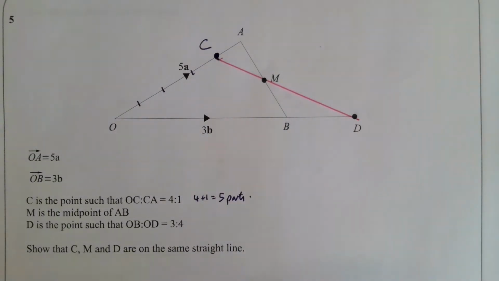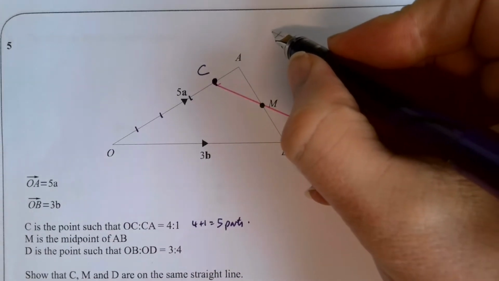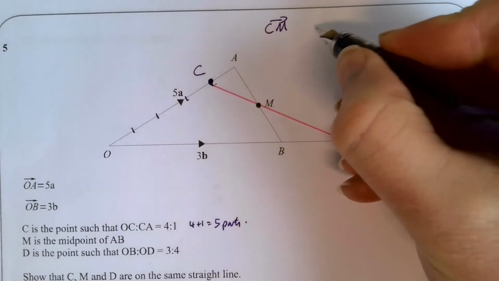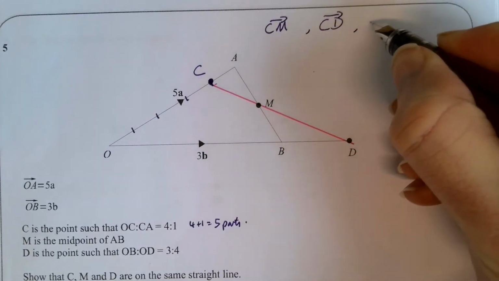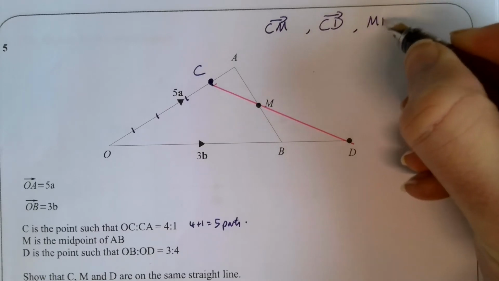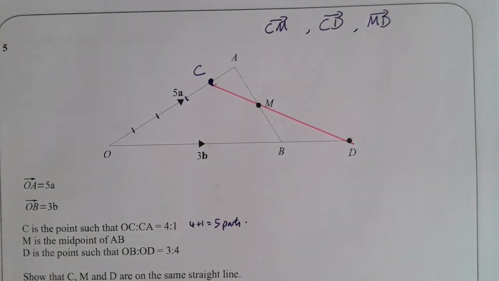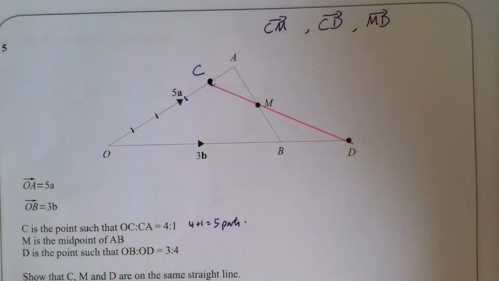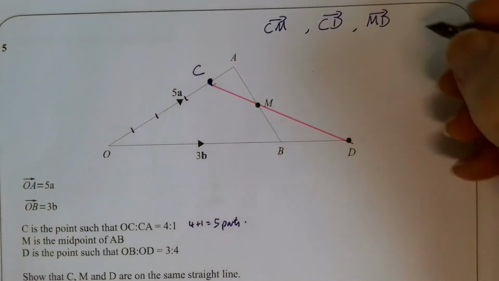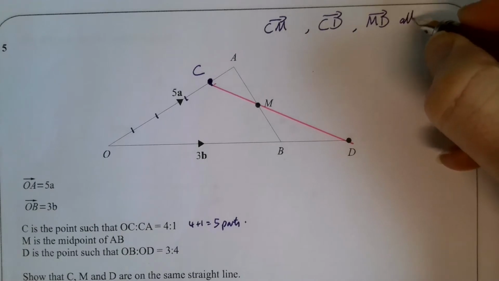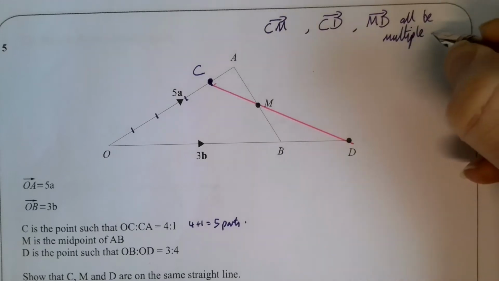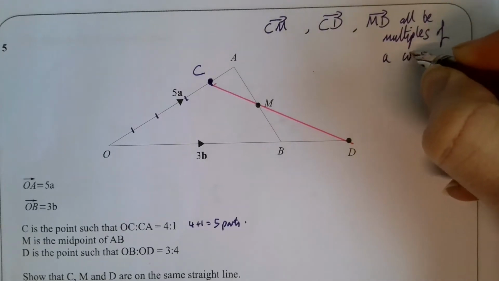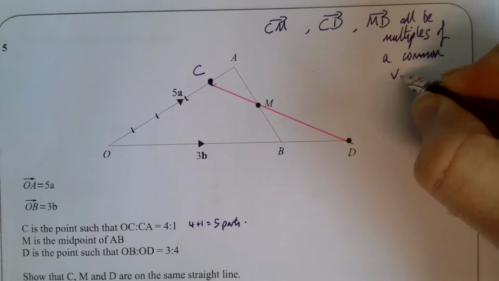Now, if it's on a straight line, we can say that the vectors for CM, CD, and MD, if we can find any 2 of those, they will all be multiples of a common vector.